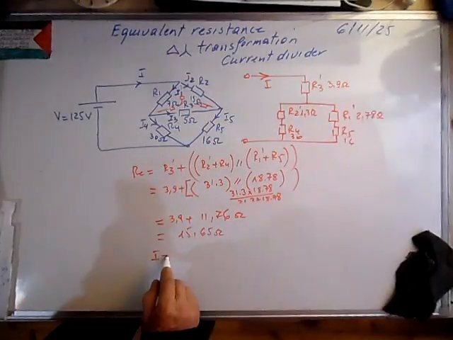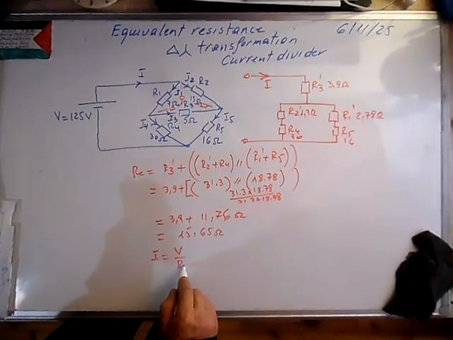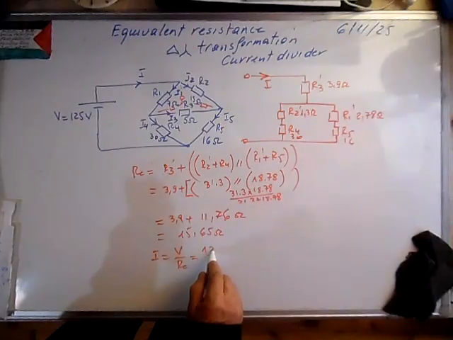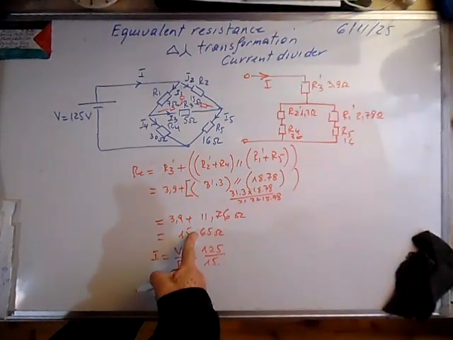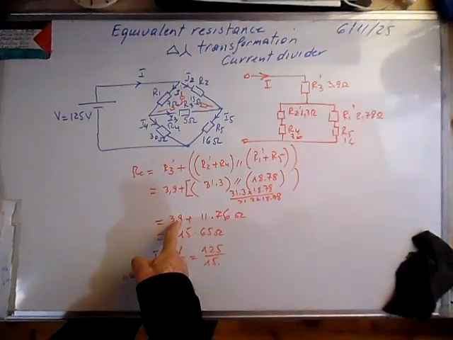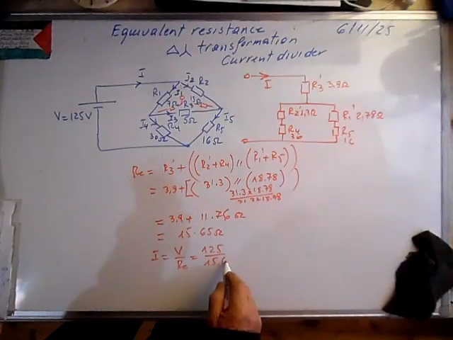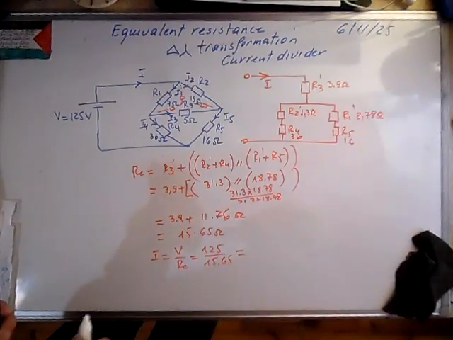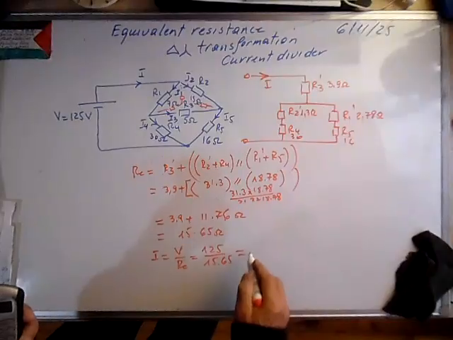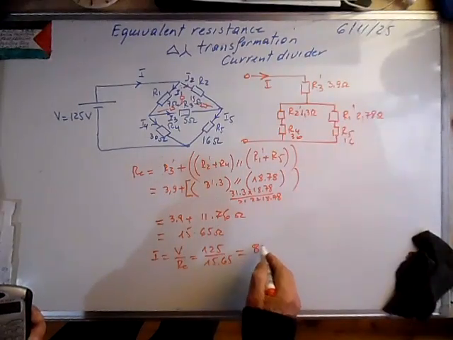From here we can calculate I, the main current. I is equal to V over RE, 125 divided by 15.65, and this is about 8 amps.